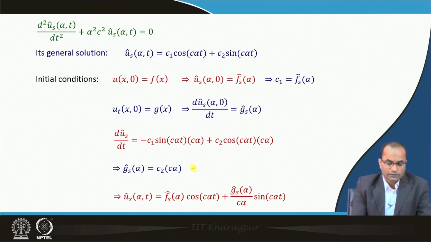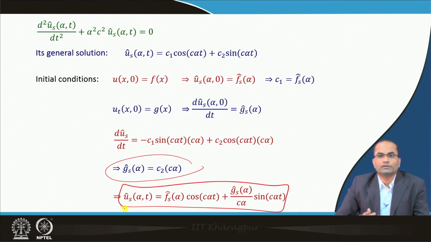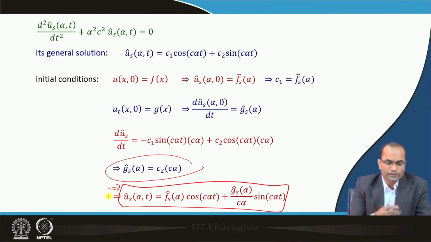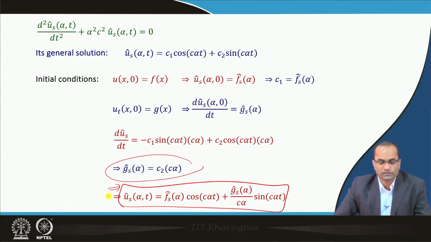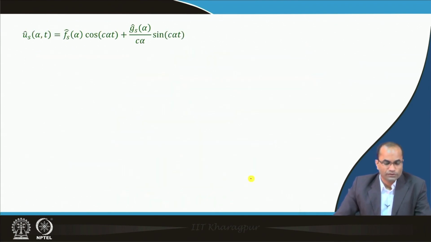So, we got this solution here, which incorporates all boundary conditions, all initial conditions. The only question now is how to get back to u. So, we will take naturally the inverse Fourier sine transform, and then there will be some difficulty to deal with the second term.